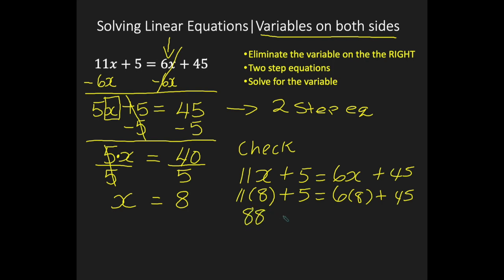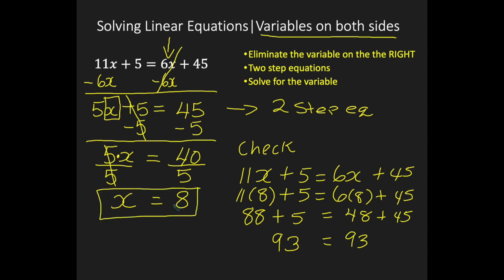So this is 88 plus 5 equals 48 plus 45. When I do the arithmetic here on the left, 88 plus 5 is 93. And if I add 48 and 45, I get 93. The left is equivalent to the right, so I know that my answer is correct.